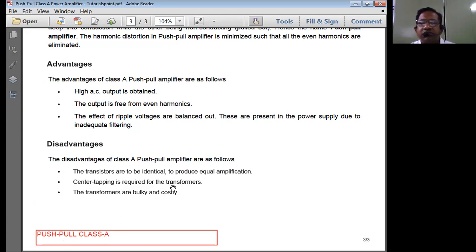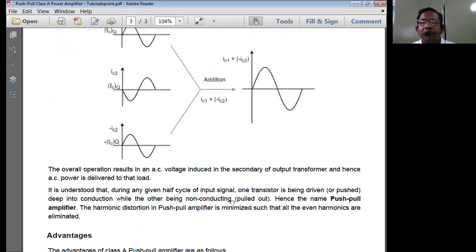That is the disadvantage of class B push-pull. And the other disadvantage is that it violates the rule of push-pullness when you really want to design class A using push-pull. So these are the drawbacks of the class AB power amplifier.